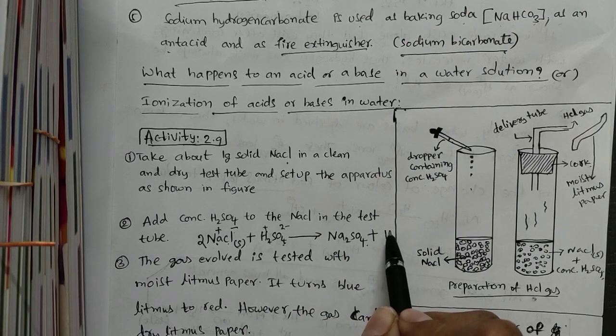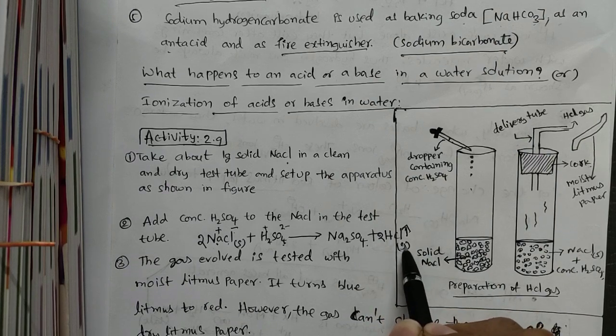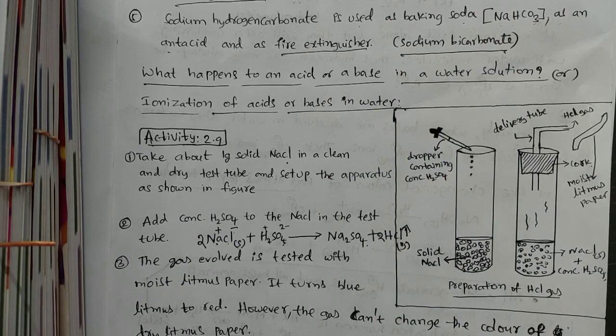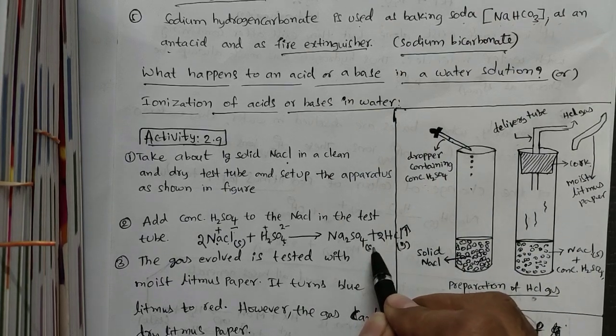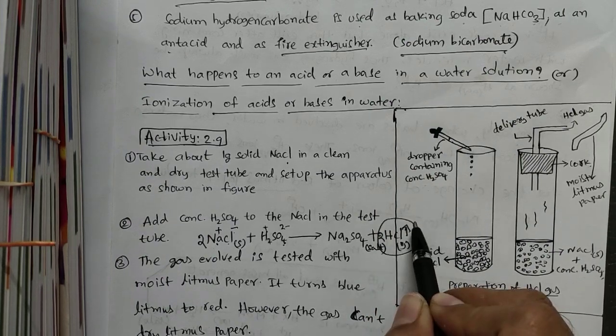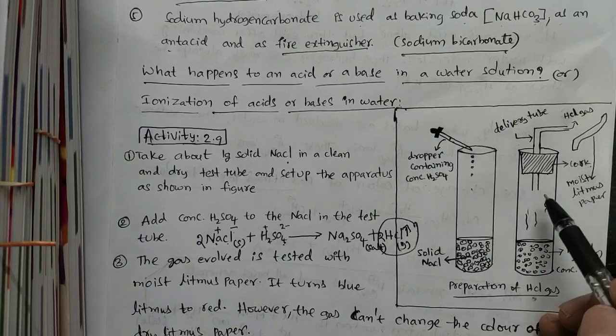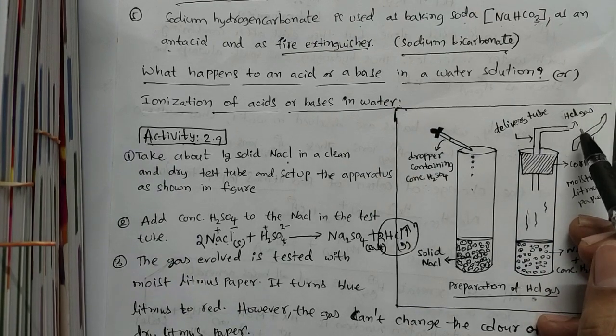These two react to form 2HCl gas. HCl gas is produced. Sodium sulfate is a salt. This HCl gas formed in this test tube comes out by means of this delivery tube, right?